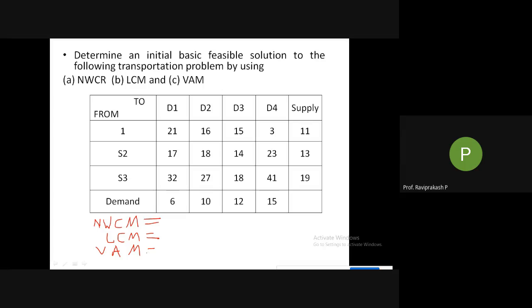Don't forget the first step: first check whether supply is equal to demand or not. If not, make it equal by adding rows or columns wherever necessary. If it is already a balanced problem, don't worry, start with the northwest corner method.